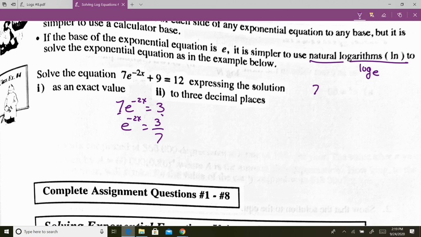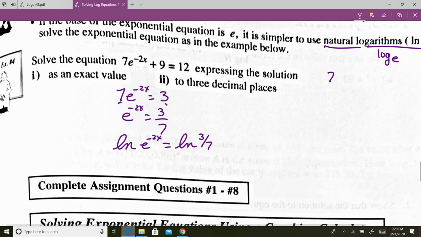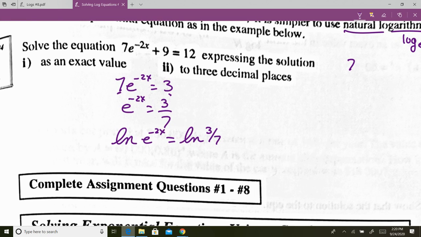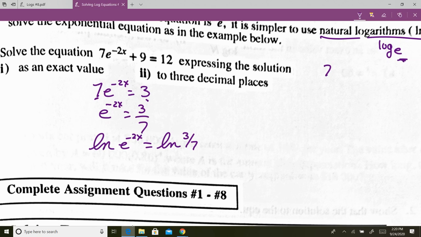And now you want a natural log. You want to use the natural log when you have e. You don't have to, you can do base 10 if you really want to. But if you do the natural log, what happens to the left side? If natural log is base e, what this is really saying is log base e of e to the negative 2x. Everything will disappear except the exponent, right?